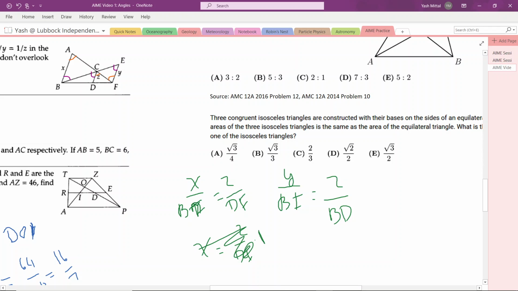So DF x equals BF times z. So that means it would be x over z times DF equals BF, and that is equal to BD times Y equals BF times Z, and so I have Y over Z times BD.